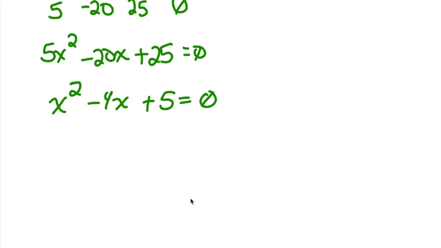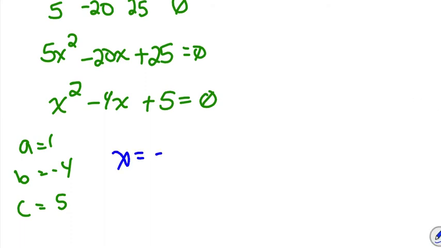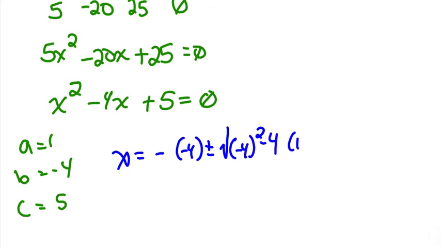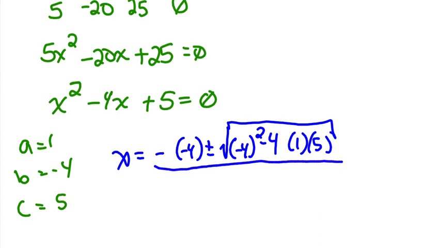So quadratic formula. First of all, I'm going to make my list here. So A is 1, B is negative 4, and C is 5. All right, so I'm going to jump into my quadratic formula here. X equals negative B, which is negative 4, plus or minus the square root of B squared, negative 4 squared, minus 4 times A times C, all over 2A.